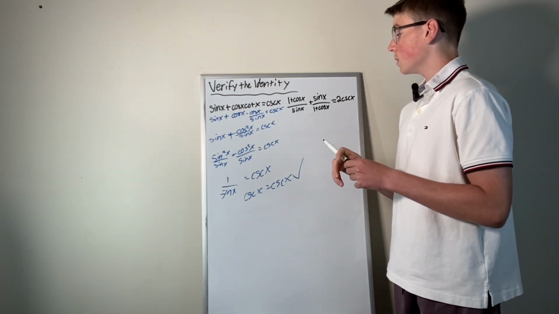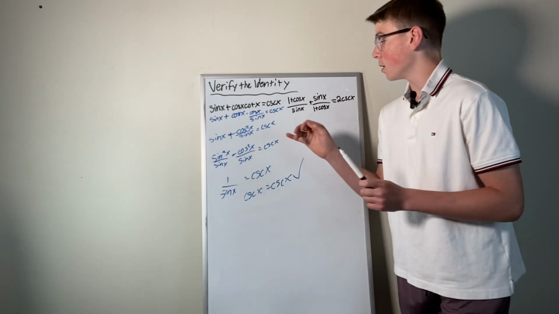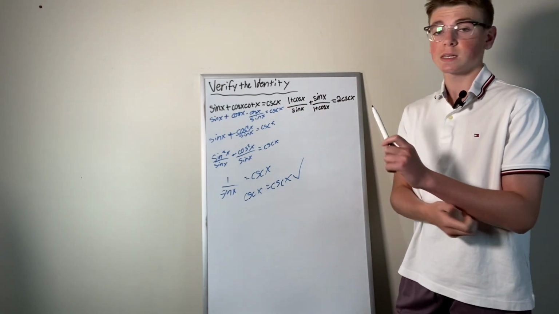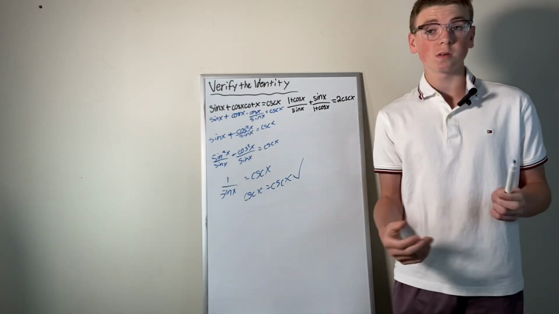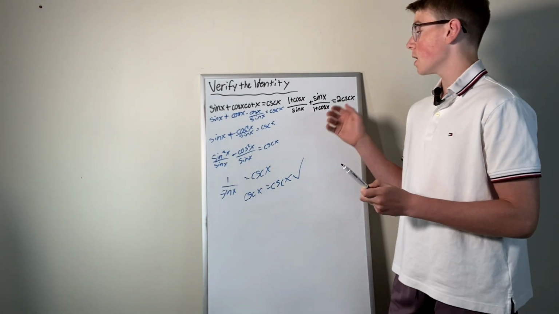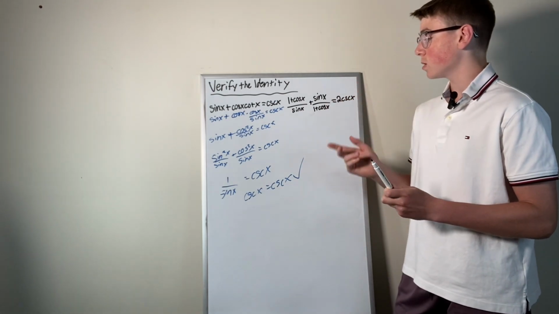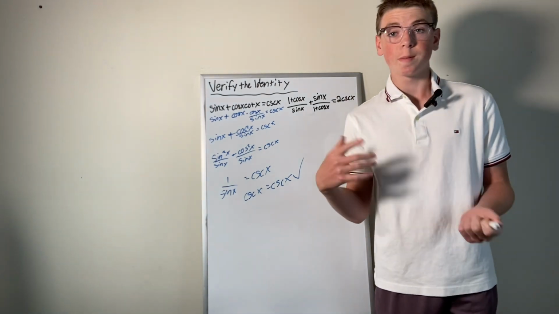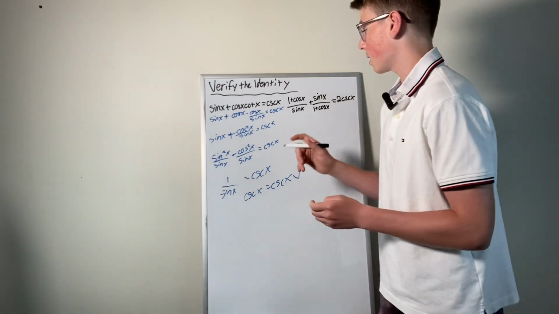So what I'm going to do is get a common denominator, meaning that this first 1 plus cosine x over sine x has to be multiplied by 1 plus cosine x over 1 plus cosine x, and sine x divided by 1 plus cosine x has to be multiplied by sine x over sine x, because that's just multiplied by 1, so it's not really changing anything.